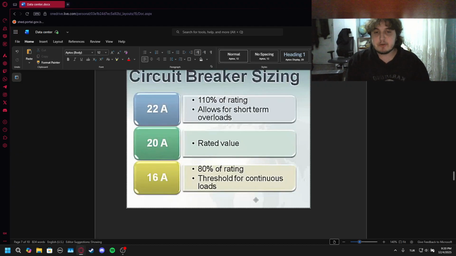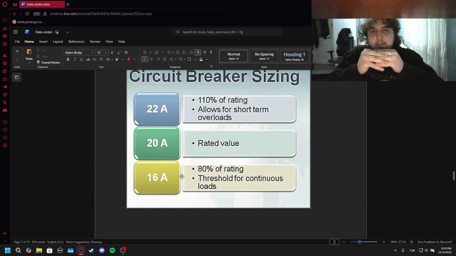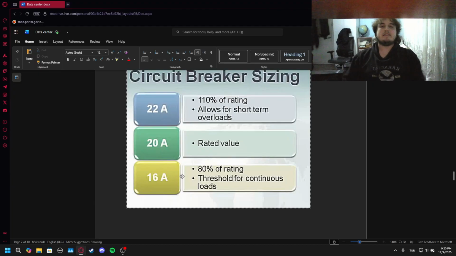16 amps, 80% of rating threshold for continuous loads. You would be choosing this based on how many amps are passing through your cable. Let's say you have 20 amps passing through, so you would make it 20% higher. What is 20% of 20? It's 25.